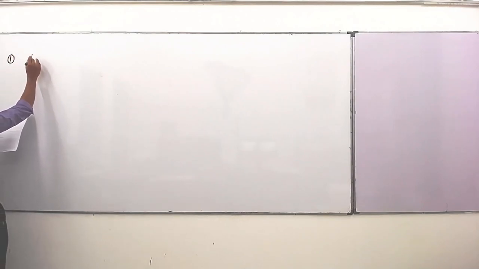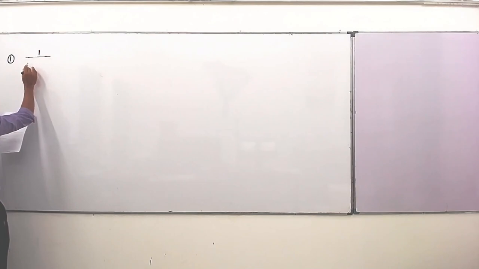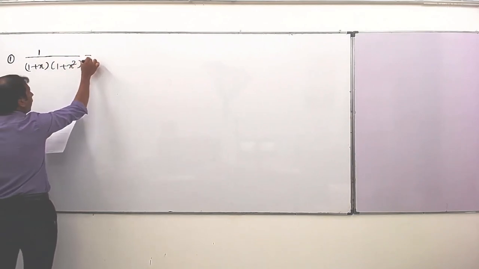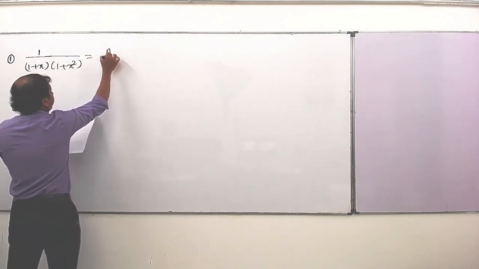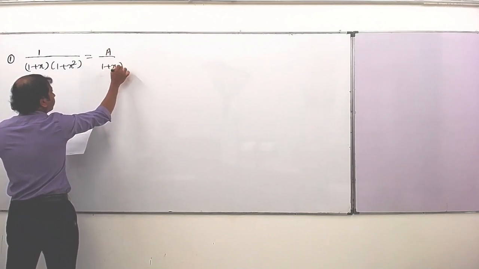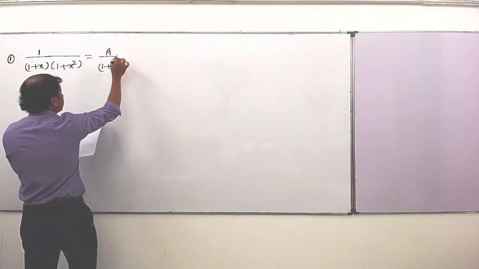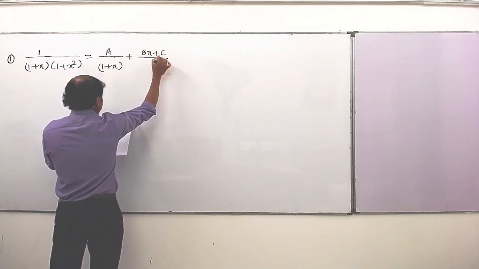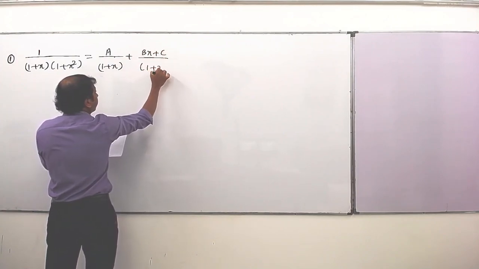Okay. 1 over (1 plus x)(1 plus x squared) is equal to A over 1 plus x, plus (Bx plus C) divided by 1 plus x squared.